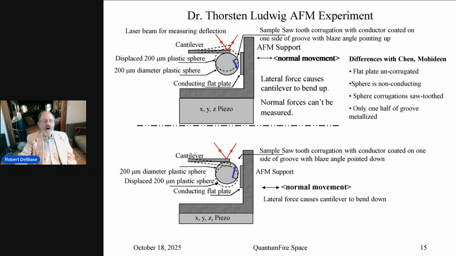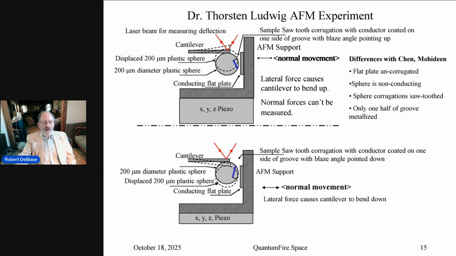So there is in a sense a wedge formed, and you need to do the cantilever ball thing twice, because you need to do the wedge in the opposite direction. So in the top one here, there is a force pointing up, and so the lateral force would cause the cantilever to bend up.